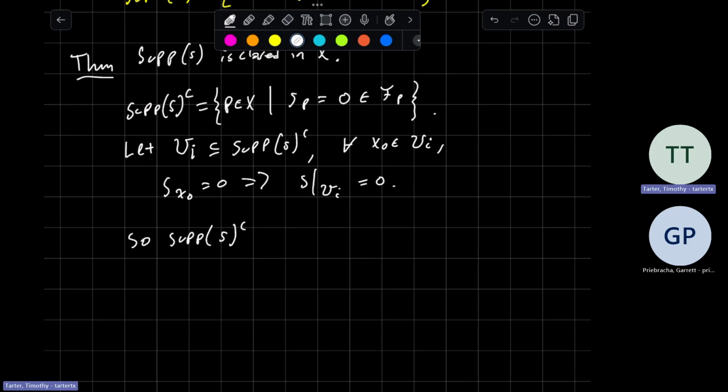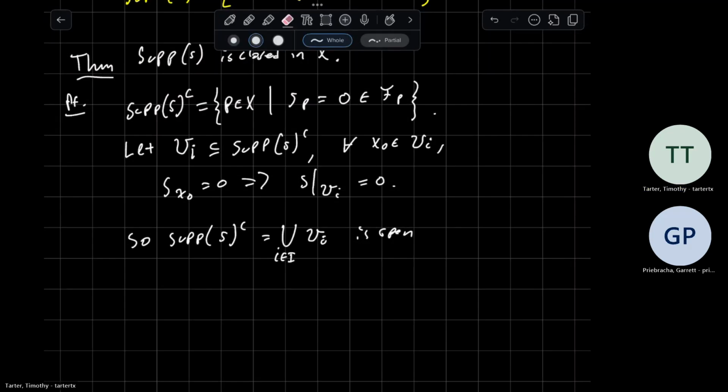So the complement of the support of s is a union of such U_i. There we go.